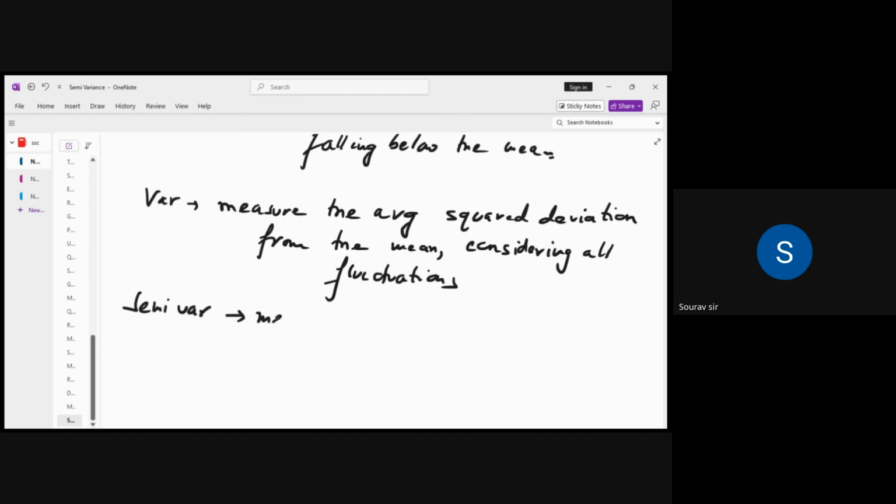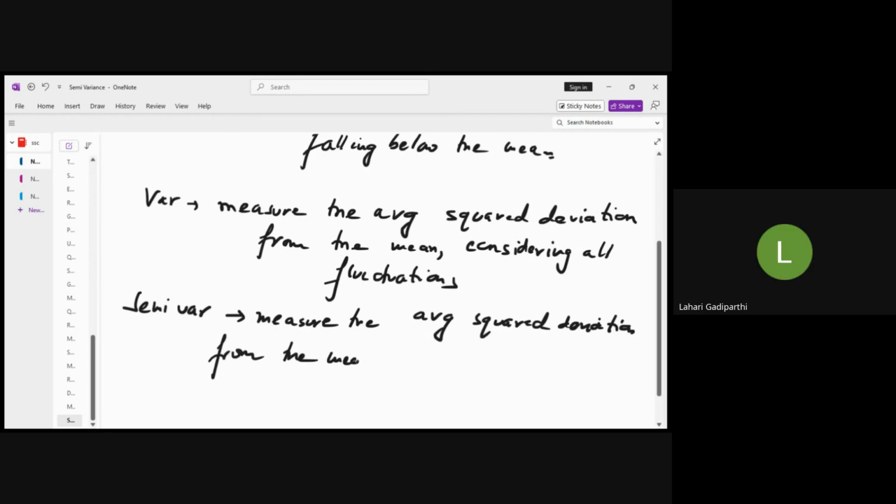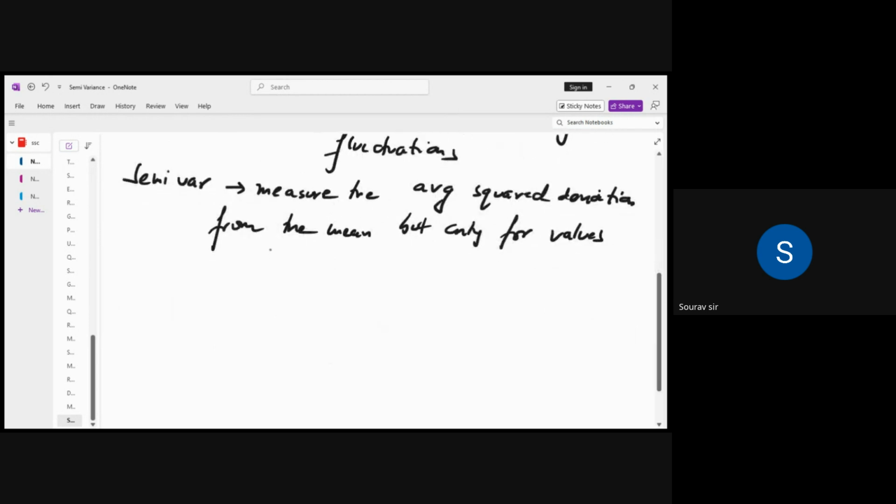Semi-variance is measuring the average squared deviation from the mean, but only for values, here is the constraint, below the mean. That is losses.